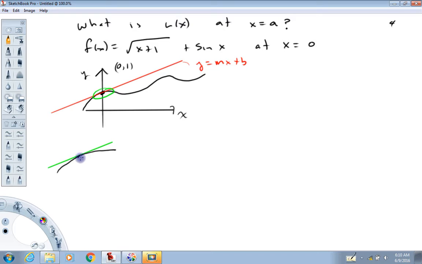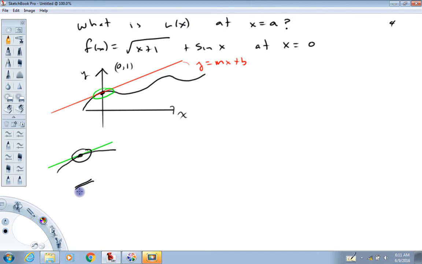The idea here is as long as we stay right around 0, the function is approximately linear. It may not look like it in my picture, but imagine blowing it up a little bit more. The tangent line will be straight, and the function will be right next to it. So that's the idea. Stay real close to 0, and then the function and the tangent line are basically the same thing.